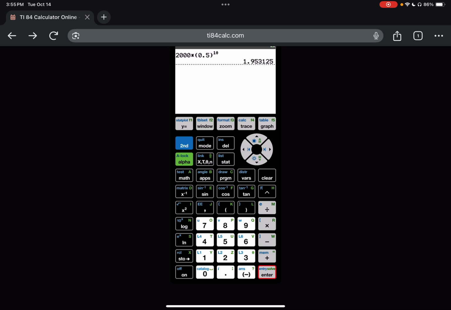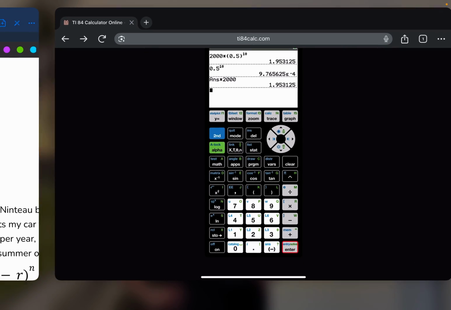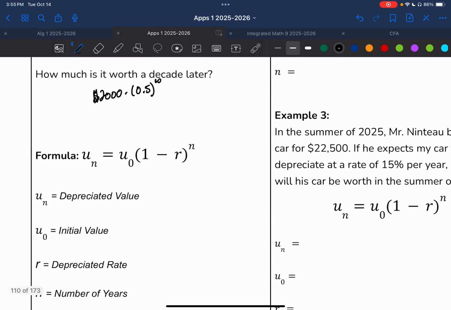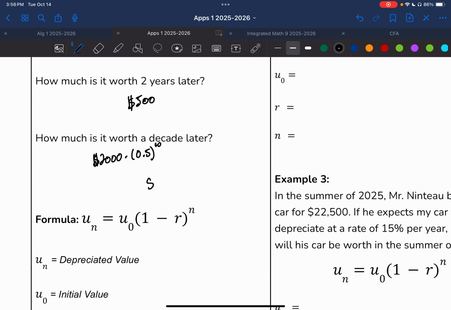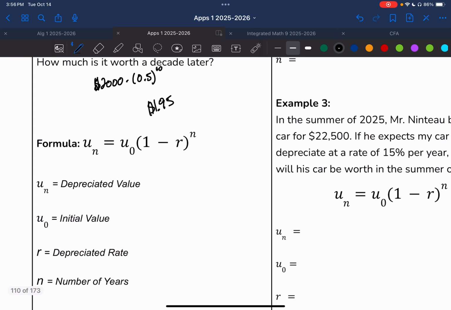If we hit enter, just making sure I typed everything in correctly. Yeah, it's going to be worth $1.95. That's not completely unreasonable if you think about a decade-old computer. Probably more than $1.95, but maybe not much more.